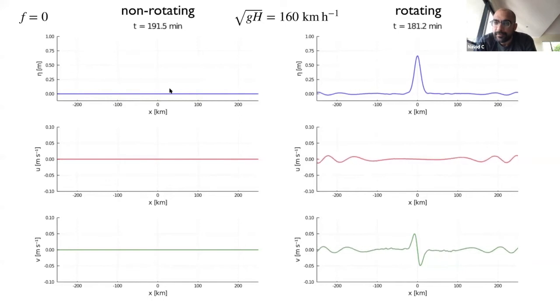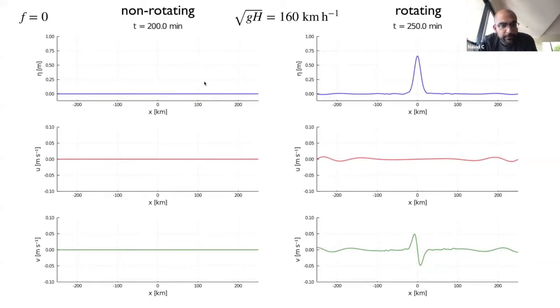And that has led to some meridional velocity being formed and stayed there. So a disturbance that varied in x and varied in longitude has led to a meridional velocity.